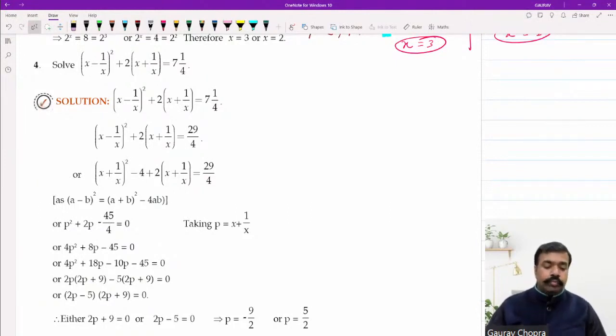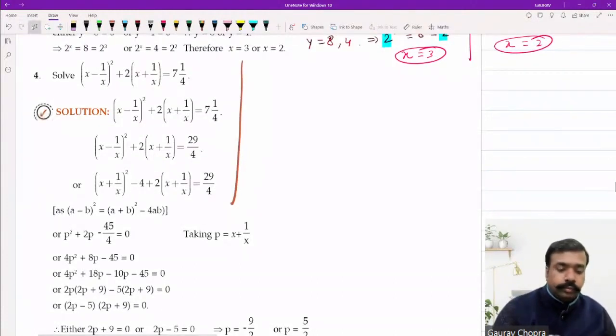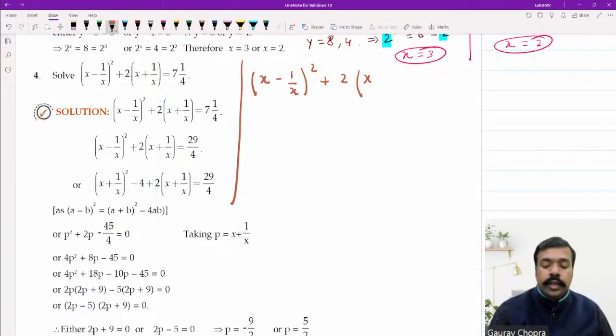Here again we can apply the same thing. We have x minus 1 upon x whole square plus 2 times x plus 1 upon x, and 7 1/4 can be written as 29 upon 4.